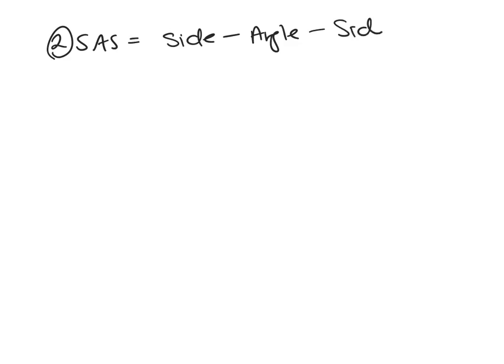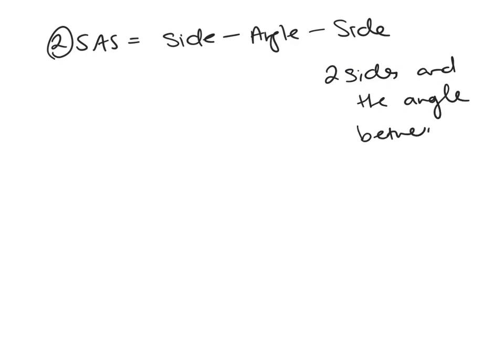The second rule we could use is called the SAS Rule, which means we have a side, an angle between them, and another side that are the same. So two sides and the angle between them are the same.